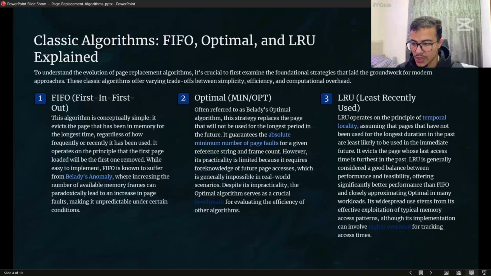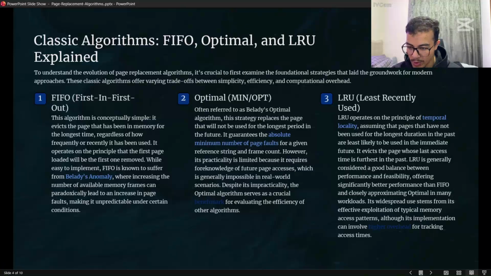FIFO, first in, first out. This algorithm is conceptually simple. It evicts the page that has been in memory for the longest time, regardless of how frequently or recently it has been used. It operates on the principle that the first page loaded will be the first one removed.